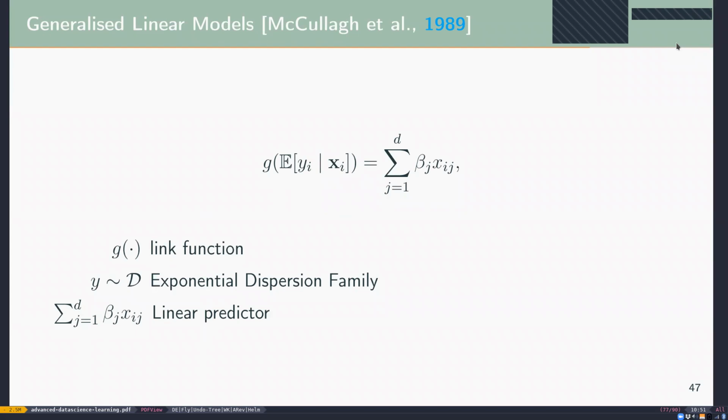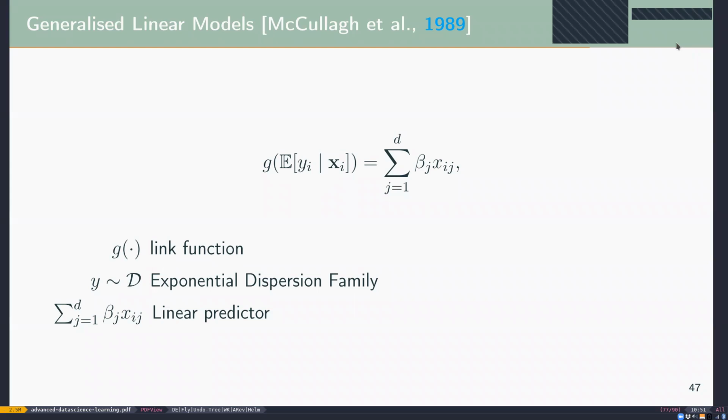So the components that we have is that we've got G, which is called the link function. We have a response variable D that comes from a family of distributions called the exponential dispersion family. These are distributions which are parameterized by two variables: they have a location and they have a scale. So the Gaussian is one of them.